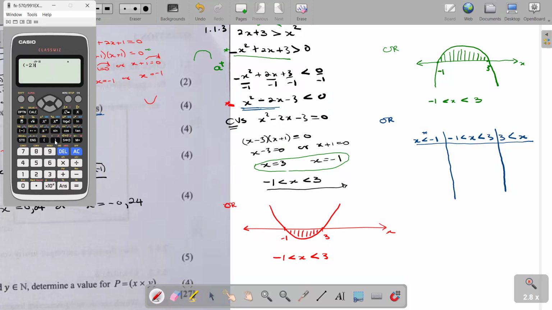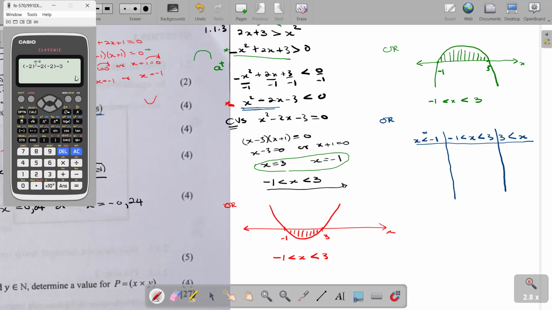So we're going to get -2 squared minus 2 multiplied by -2 minus 3. If you check, we are getting 5, which is positive. We are not much interested in the actual value. We are interested in the sign of a number.